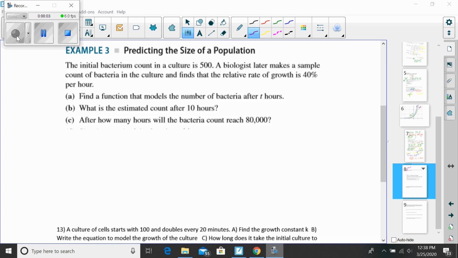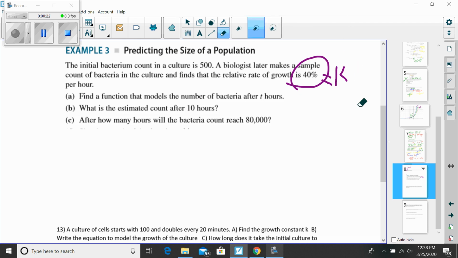In this segment, we're going to look at some examples where we actually have to find K. This first example, however, they give us K. Okay, so K is the growth constant. So K is the 40%. So if we read this problem, we start with an initial amount.